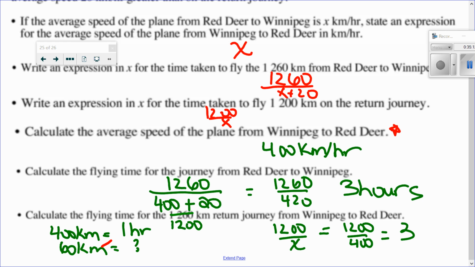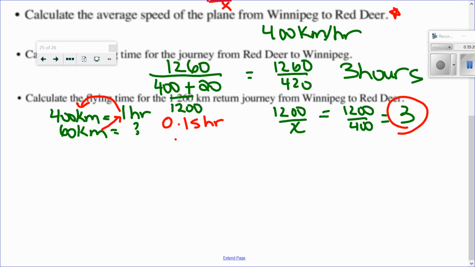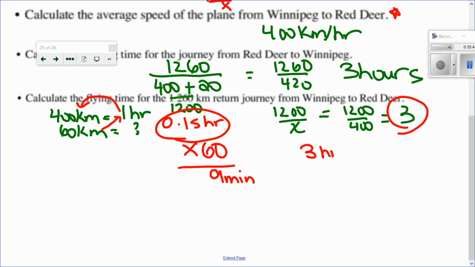So I can do 60 times 1 and then divide that by 400, and that is 0.15 of an hour. Let's figure out how many minutes that is. If I times that by 60 minutes in an hour, that ends up being 9 minutes. So the total journey would be 3 hours and 9 minutes.